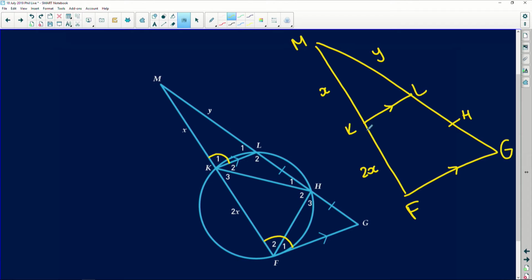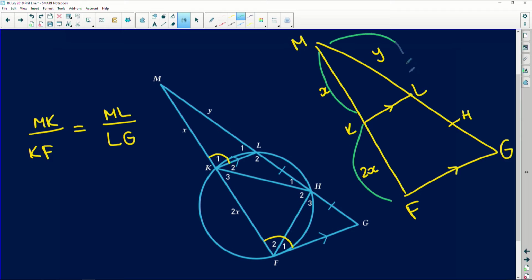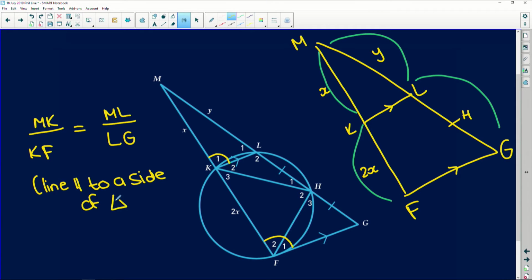Well, immediately, because we have parallel lines, we know that these sides are in proportion to each other. So firstly, we can say MK over KF is equal to ML over LG. So basically, this side over that side is equal to this side over that side. And the reason is line parallel to a side of the triangle.